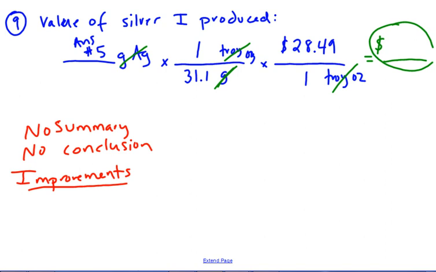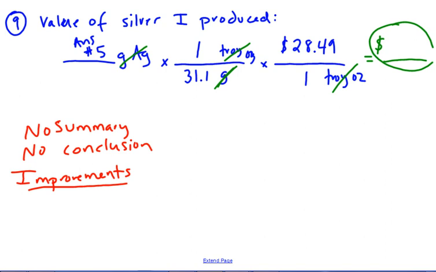Here are some obvious things that may have happened. You might have had an obvious spill or something very noticeable, but certainly almost everybody would have lost some silver in the decanting process, and it would have ended up in the waste beaker. So one improvement would be to find a way to collect all the silver and not let some of the silver go over in the decanting process.